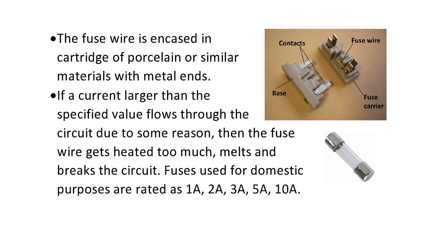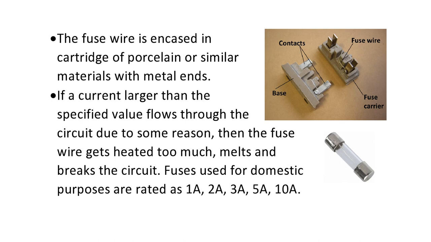Every fuse has a rating. For example, the fuses used for domestic purposes are rated as 1 ampere, 2 ampere, 3 ampere, 5 ampere, 10 ampere, etc. That is, this is the maximum permissible current which can flow through the fuse wire.